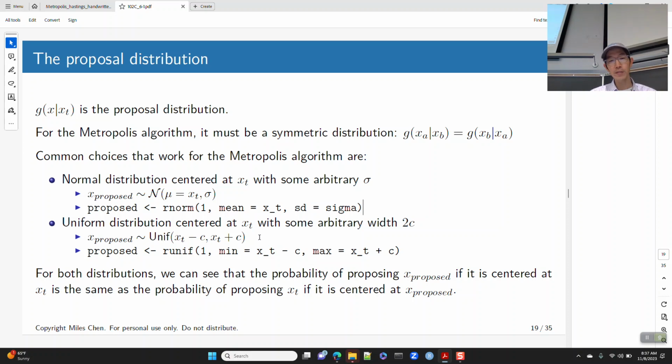You can also have a uniform distribution centered at x at time t with some arbitrary width, maybe 2 times some constant. So you'll go up or down some constant value. And so you could say, I'm going to propose one random uniform value between x at time t minus c and x at time t plus c. So these are just 2 simple examples for what a proposal distribution could look like.